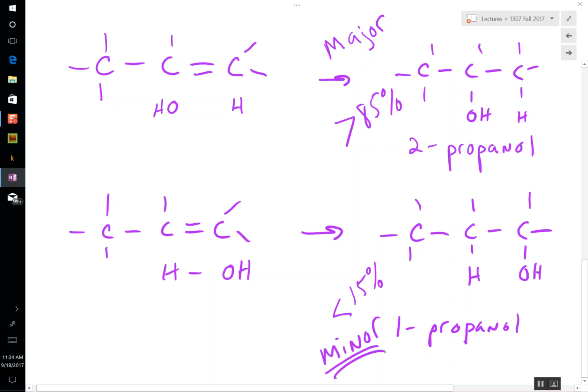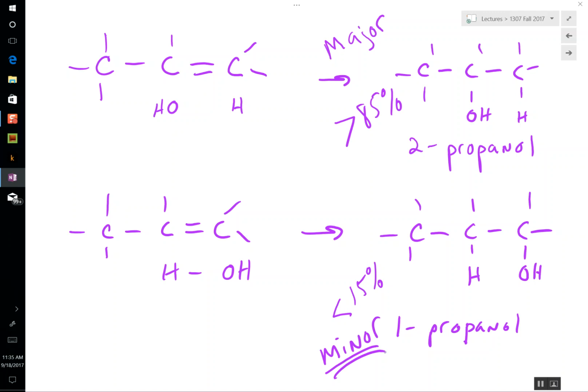On your homework, I have several different questions where you're hydrating an alkene, and I'm asking you to draw the major product. So if it was this case, the hydration of propene, you would just draw this product, 2-propanol. Okay, well that's good enough.